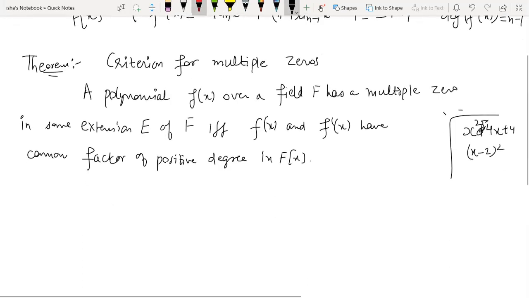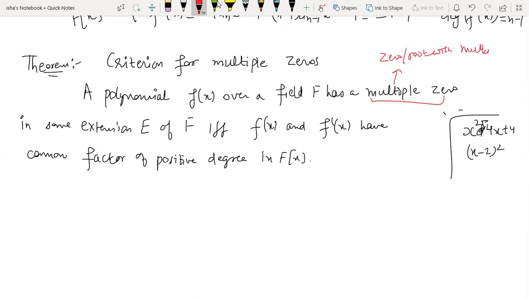Let me again tell you the meaning of multiple 0. Multiple 0 means the 0 or root with multiplicity greater than 1. If multiplicity is 1, then that 0 is called a simple 0.